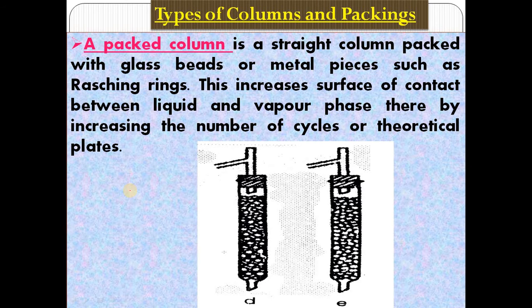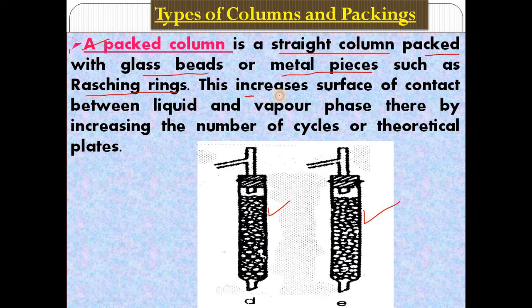Next is the packed column. What is a packed column? A packed column is a straight column packed with glass beads, glass or metal pieces such as Raschig rings. As shown in the figure, glass beads or metal beads are used. Why are they applied to form this type of column?